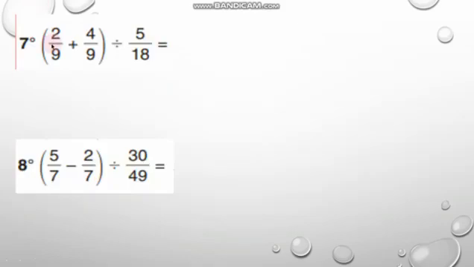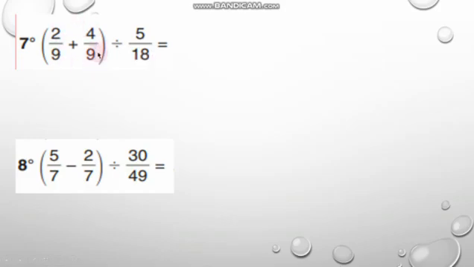Now look what I have. I have a parenthesis. When I have parenthesis, I should do the parenthesis first, then I complete the equation. Let's see, I have 2 over 9 plus 4 over 9 in the parenthesis divided by 5 over 18.